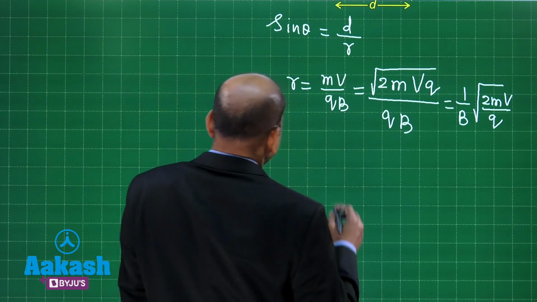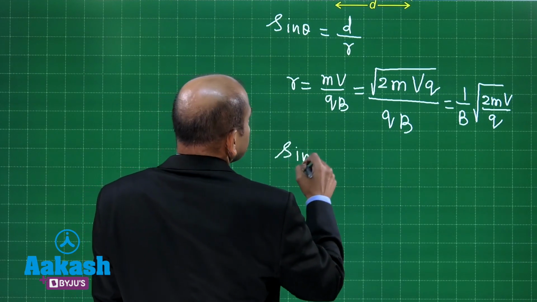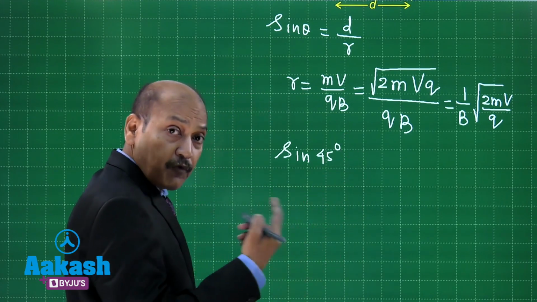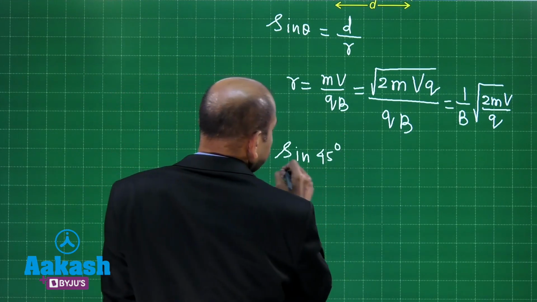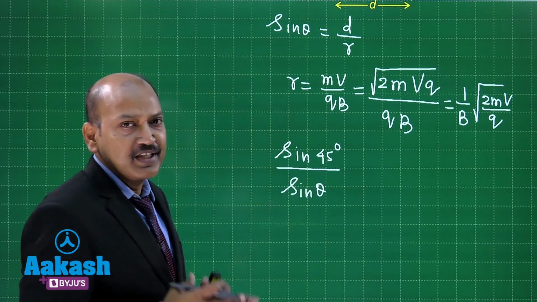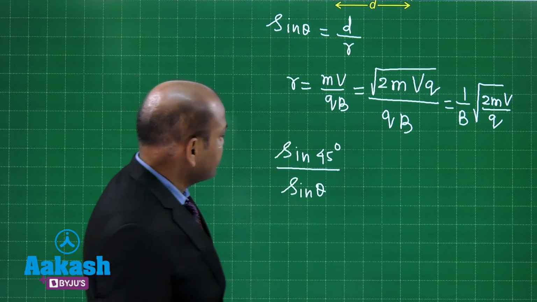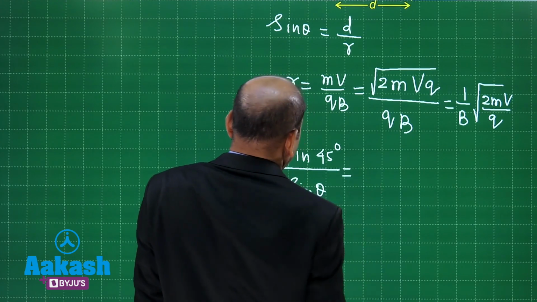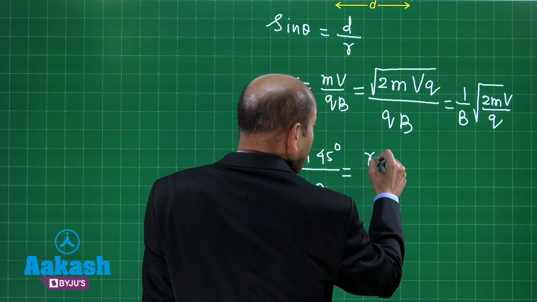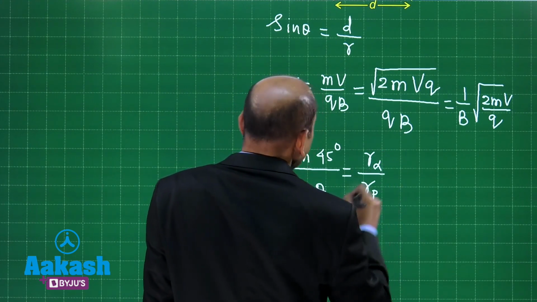We can see that sin 45 degrees, which is the deviation produced for the proton, divided by sin theta, where theta is the deviation produced in the path of the alpha particle, is equal to r of alpha divided by r of the proton, right?